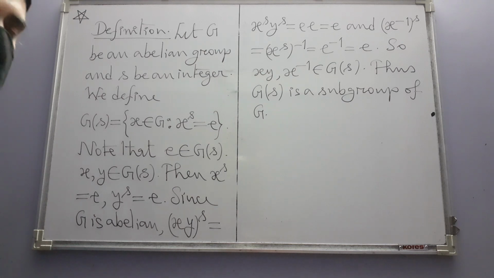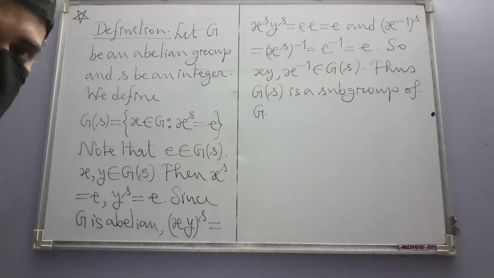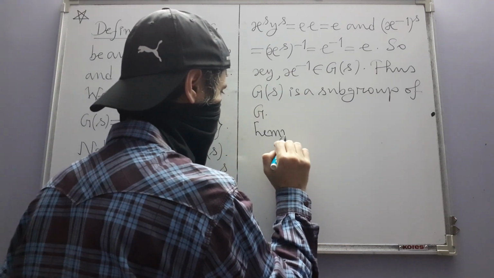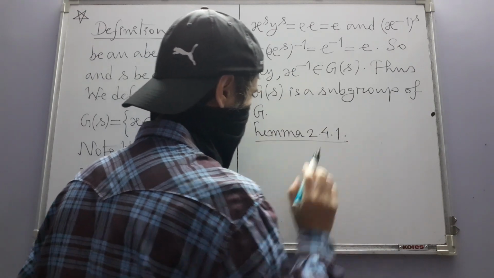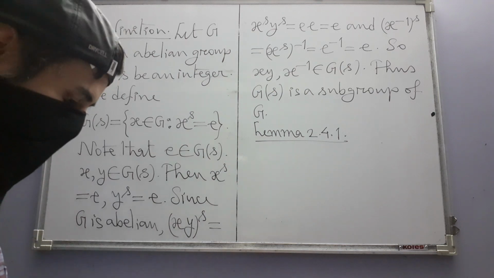Now we will need these sets G of s, and there is this elementary lemma about these sets. Next, the lemma concerns two isomorphic abelian groups.